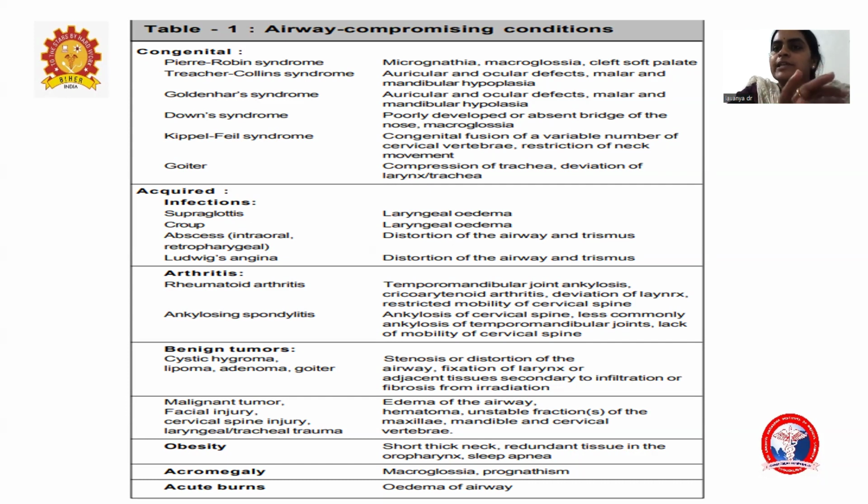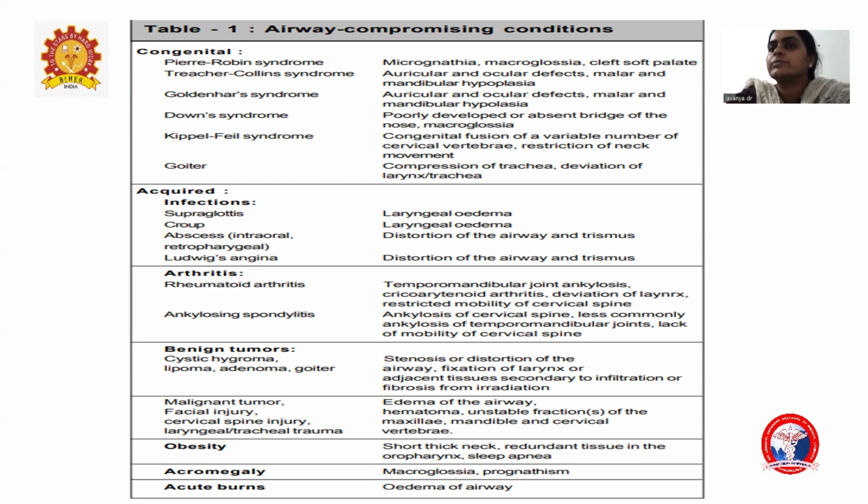Some of the conditions like rheumatoid arthritis or ankylosing spondylitis, where there will be temporomandibular joint ankylosis and cricoarytenoid arthritis, which leads to restricted mobility of the cervical spine and a depression of the larynx, finally leading to immobility of the cervical spine, making it a difficult airway.